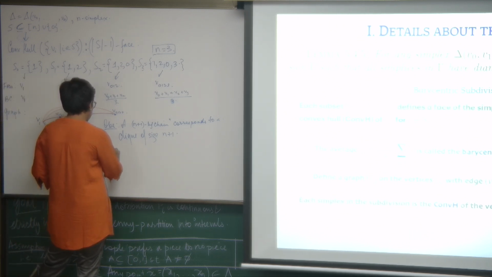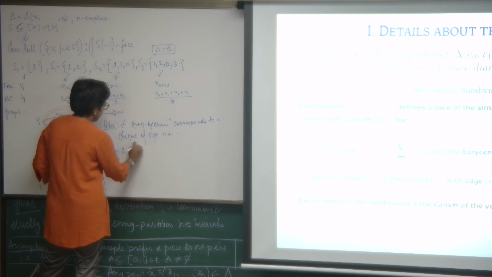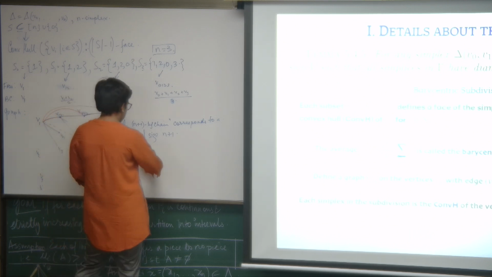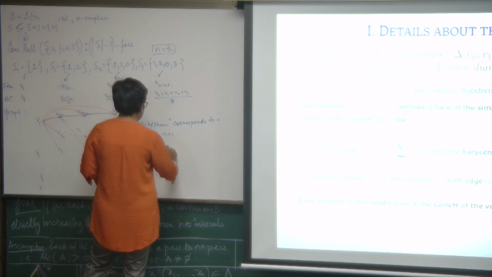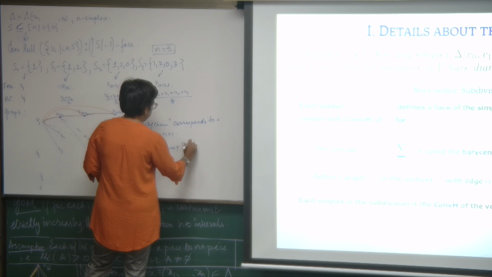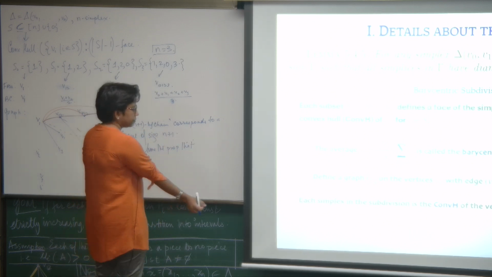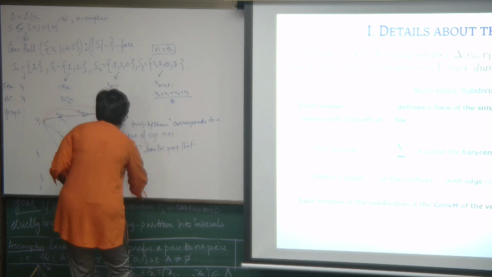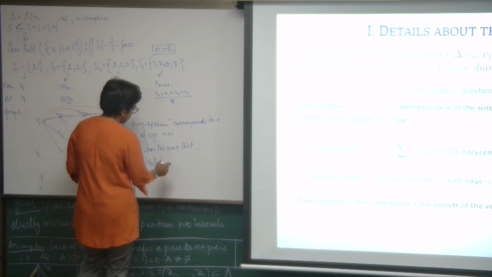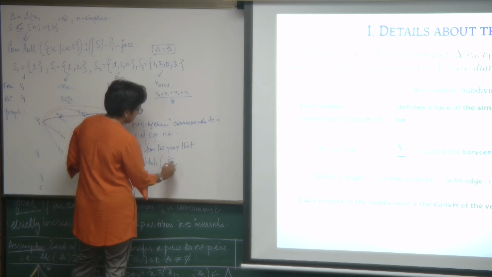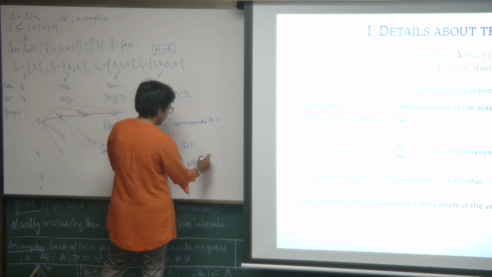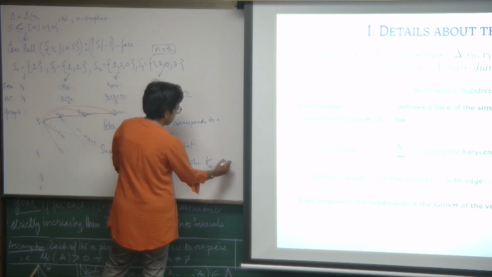Simplex delta in delta 1 have the property that delta 1 is the convex hull of the vertices of a maximum clique.